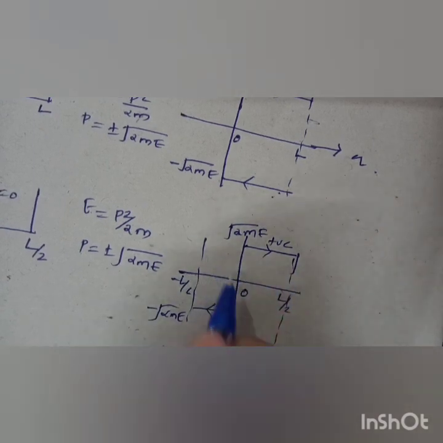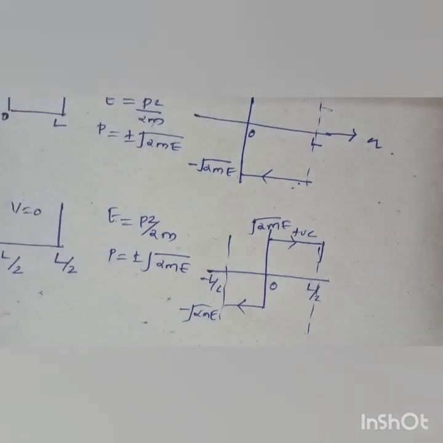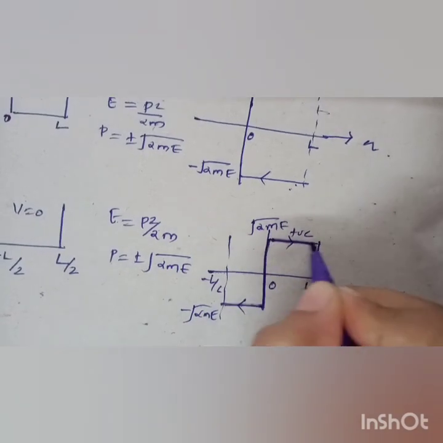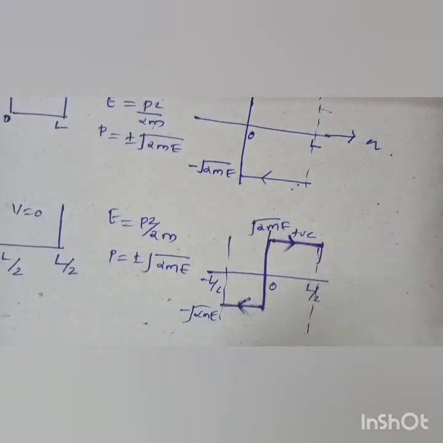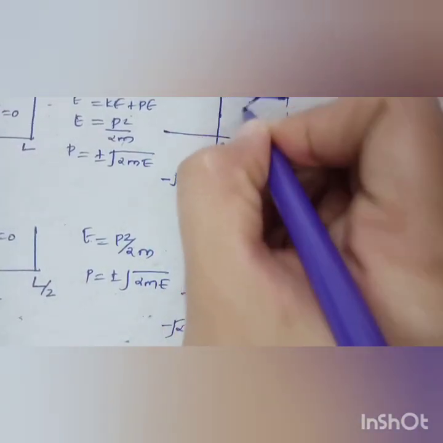So this is the phase space diagram for a one-dimensional box from minus L by 2 to plus L by 2. You have to understand the phase space like this.